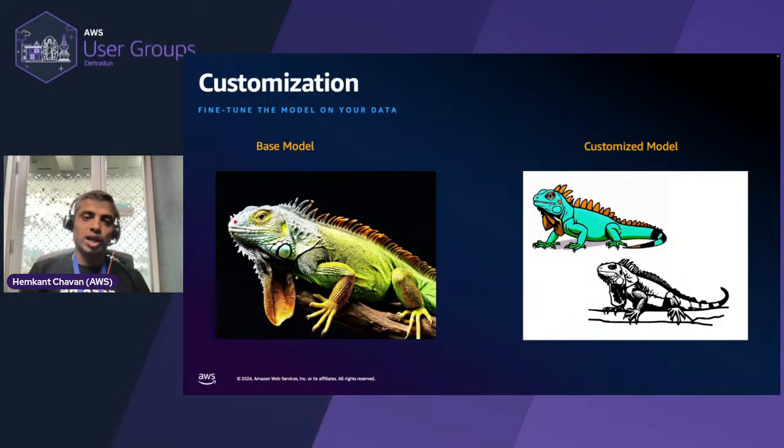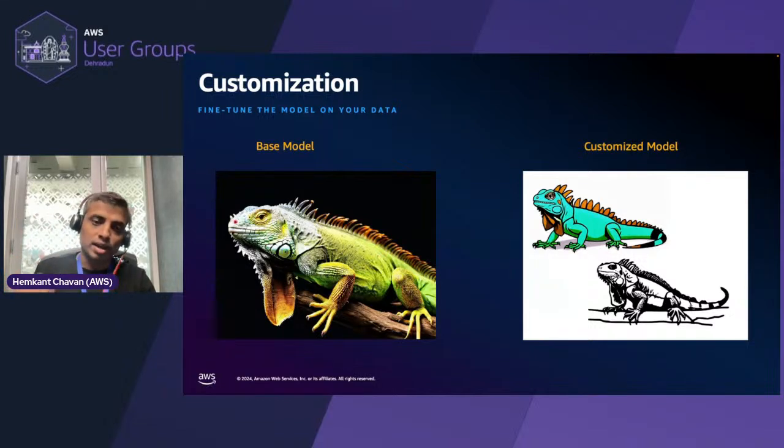In customization you have your base model and it is generating these different images. Like the base model is generating this chameleon, and you want to generate this image in your form. So let's say you have this animation form and you want all the images generated by your model in this animation form itself.